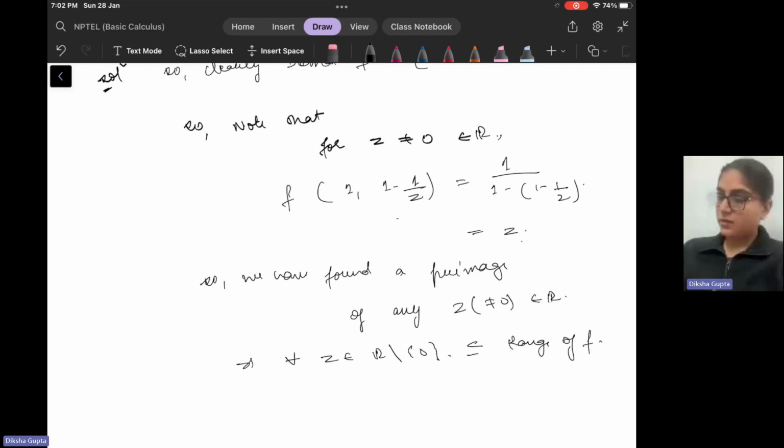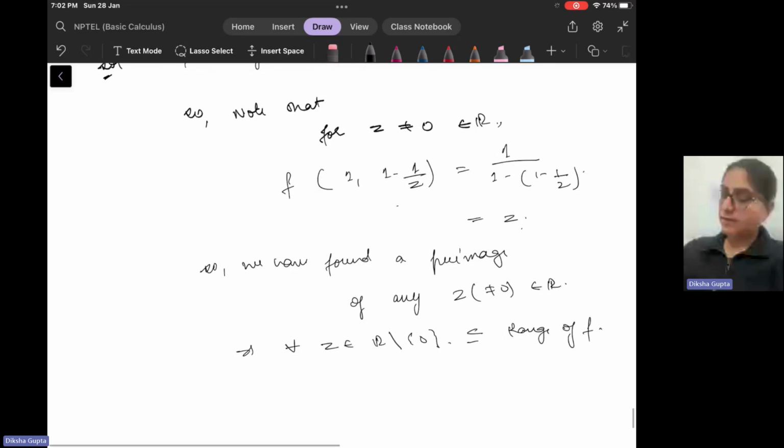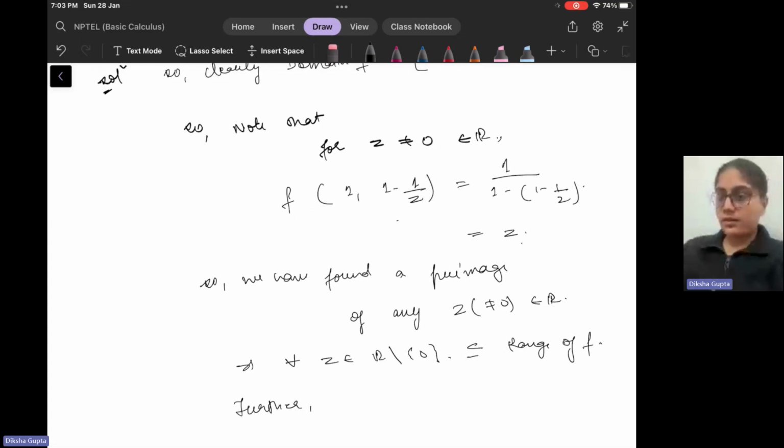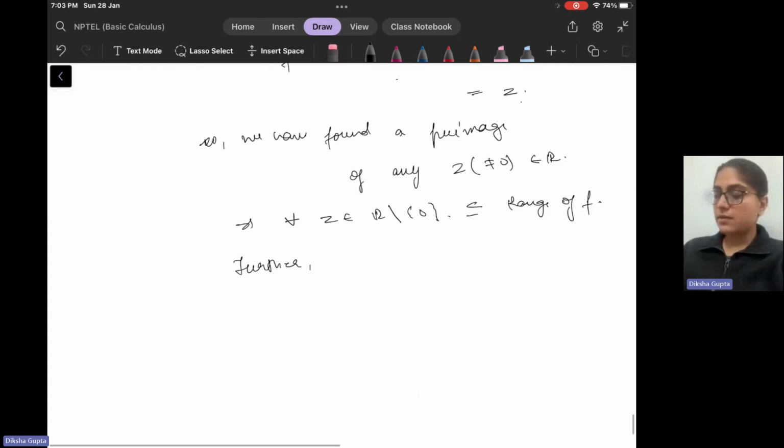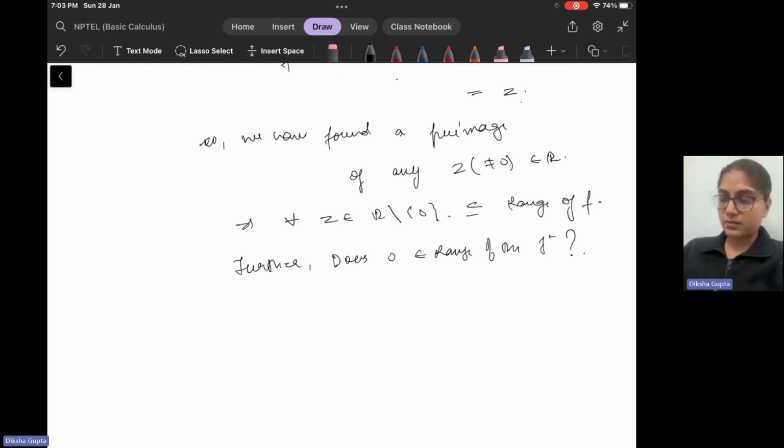Further, you have to see if the only possible value for the range of this function can be R, the whole of the real numbers. So we have found that every real number except 0 has a pre-image, implies that it belongs to the range. So we just have to check, does 0 belong to the range of the function?